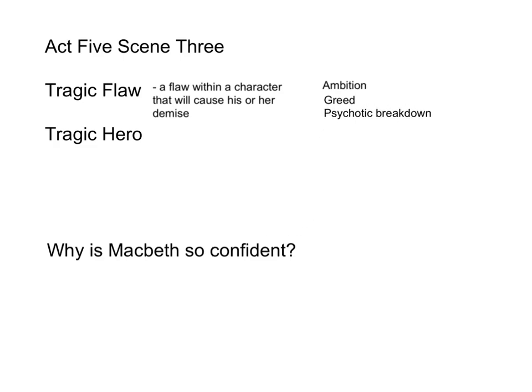All right, the tragic hero, who is Macbeth, all right, is a character who has a flaw that will cause his or her downfall. In this case, his, because our tragic hero is Macbeth.